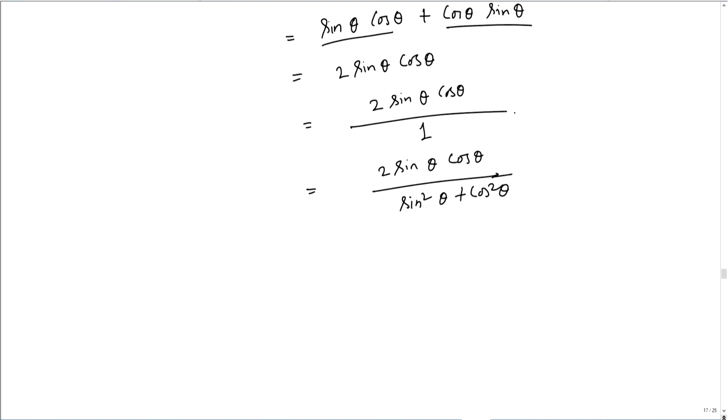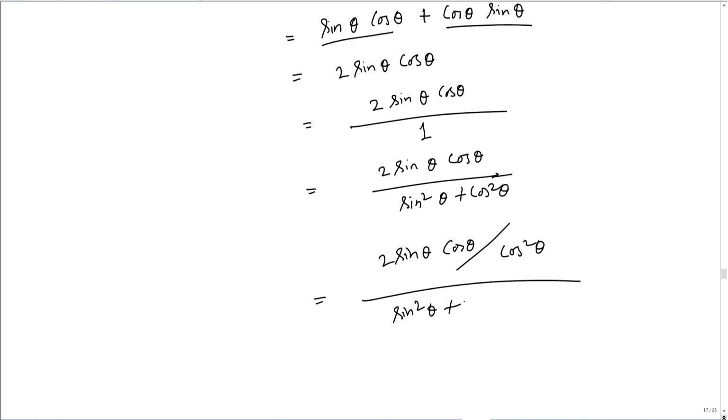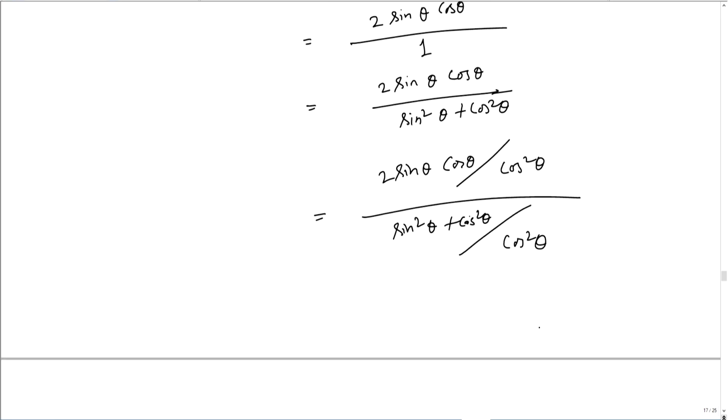So what if I divide both numerator as well as denominator by cos square theta? I divide the numerator 2 sin theta cos theta by cos square theta as well as the denominator by cos square theta, and let us see what happens.